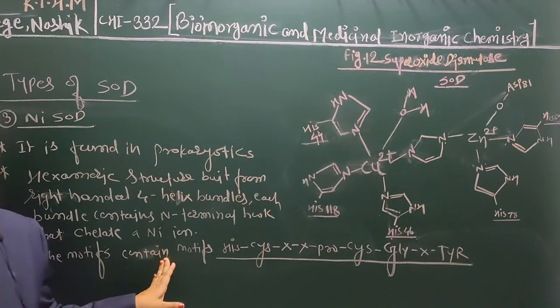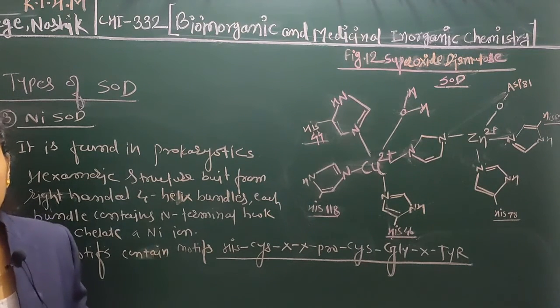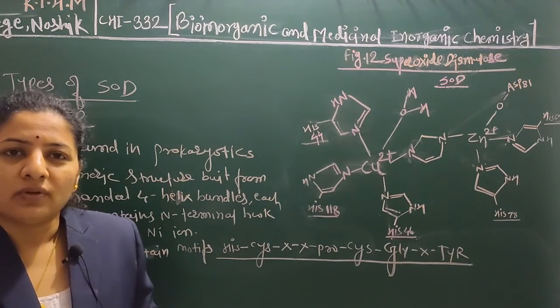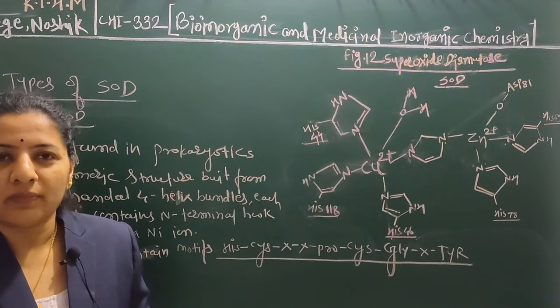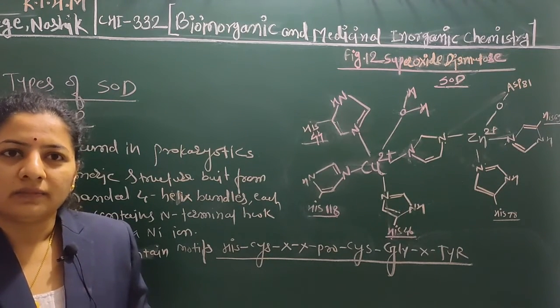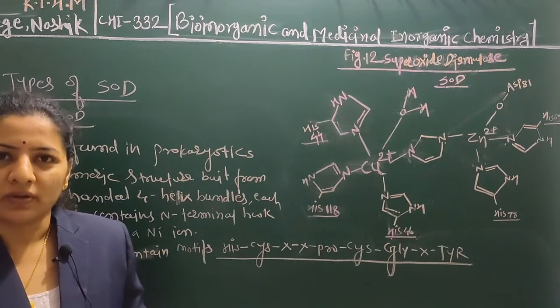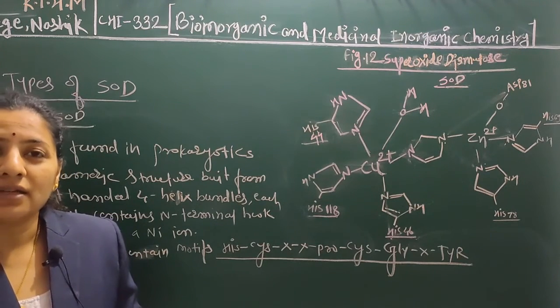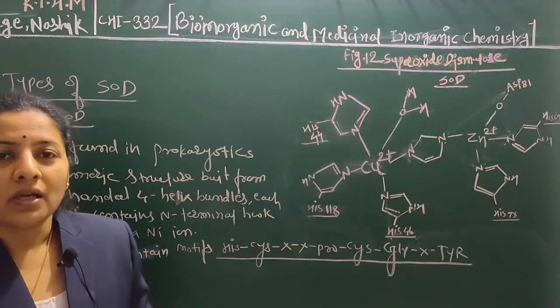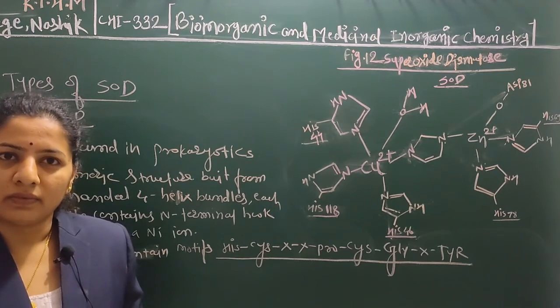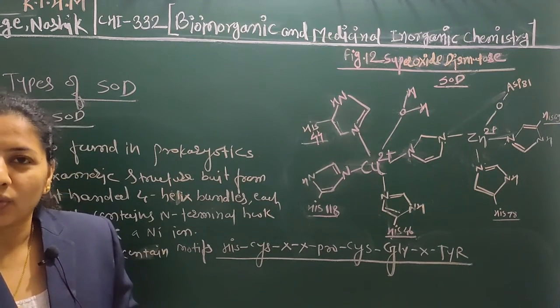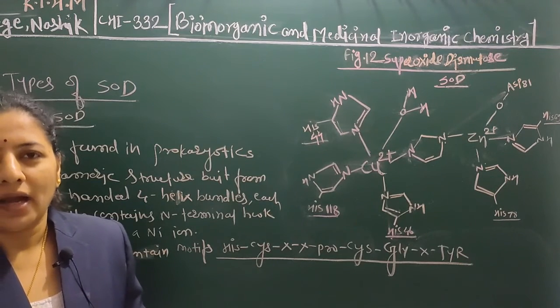Now let's discuss what are the main functions of superoxide dismutase. It is a very important part, as we know that superoxide dismutase is an antioxidant. It will catalyze the dismutation of superoxide into less harmful species, that is O2, ordinary oxygen, and hydrogen peroxide.